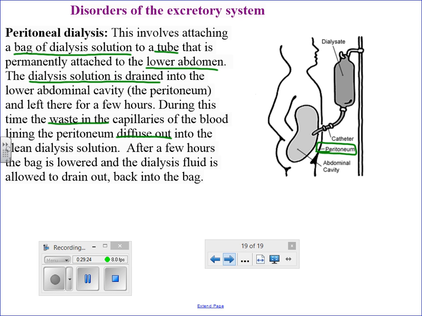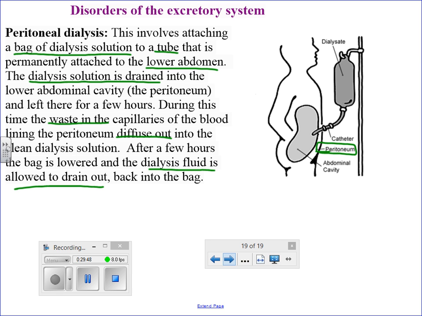The solution will have no waste in it, and so waste will naturally move from an area of high concentration to an area of low concentration. After a few hours, the fluid drains out back into the bag. So this is not as efficient as actually running your blood through a dialysis machine directly.